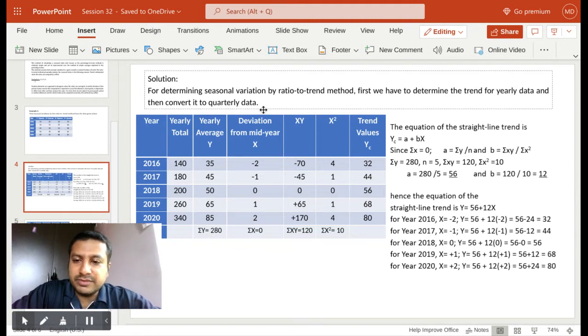Next, deviation from the mid year. Okay, mid year is 2018. When an odd number of years are given, it is the middle year you have to take as 0.